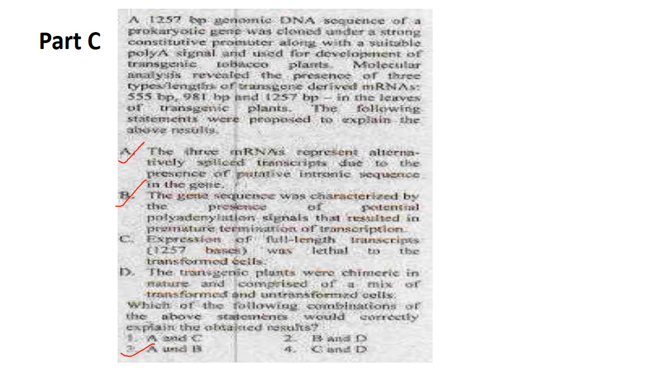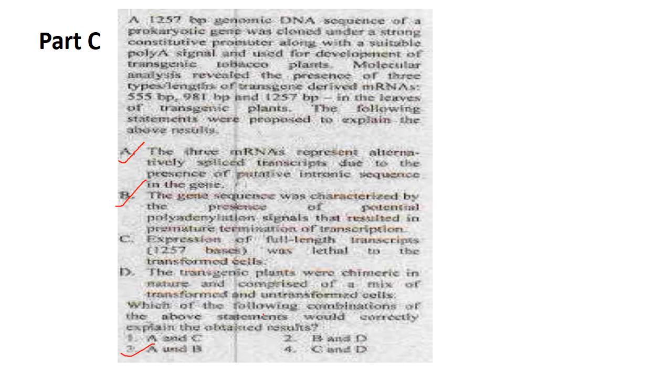So after transformation you got 555 base pair, 981 base pair, 1257 base pair mRNAs from the transgenic plant. The following statements were proposed to explain the above results. Which of the following combinations of the above statements would correctly explain the obtained results?